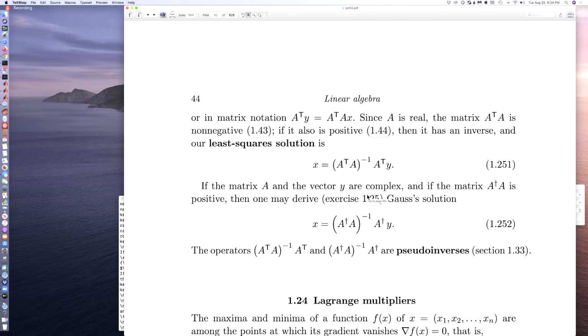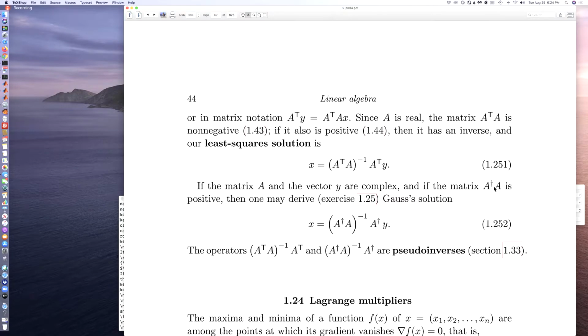If A and Y are complex, then what one finds is that one gets a matrix A dagger, and one sets X equal to (A dagger A) inverse times A dagger Y, assuming that this actually has an inverse.